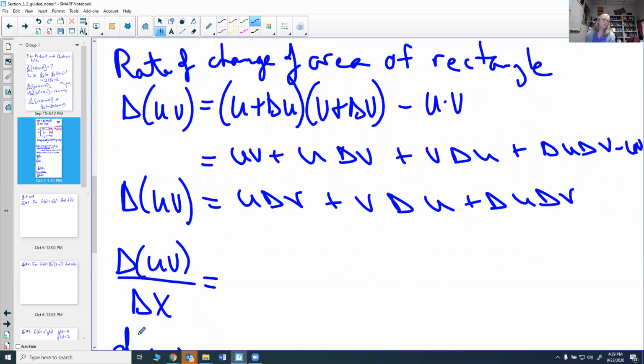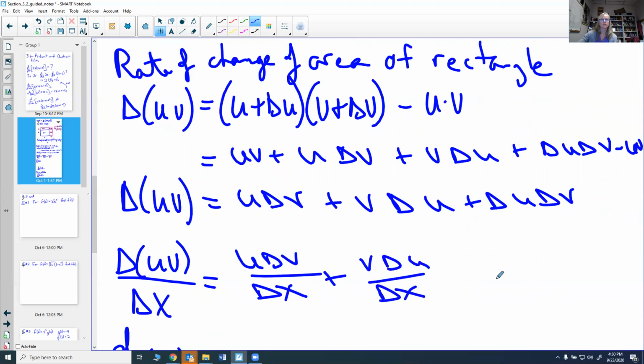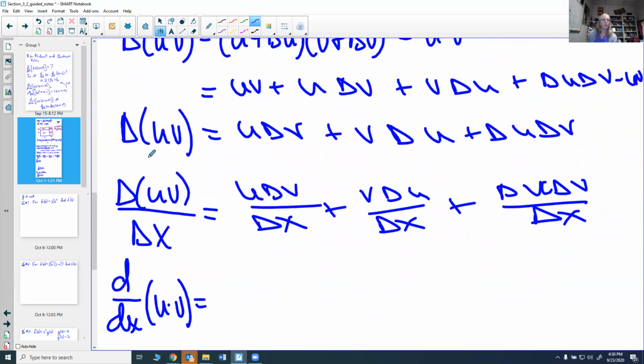We usually like to see the change in X, so let's go ahead and divide everything through by the change in X. So we're going to have U delta V over delta X plus V delta U over delta X plus delta U times delta V over delta X. Well, if we take the limit of this, it is the derivative.